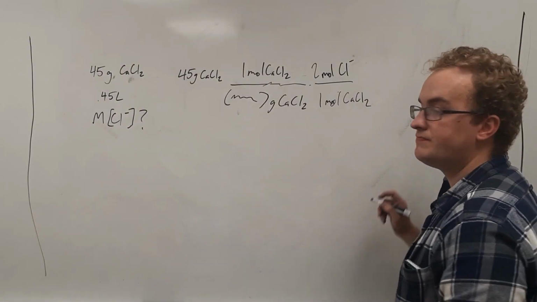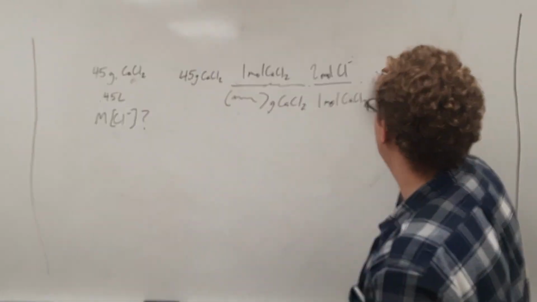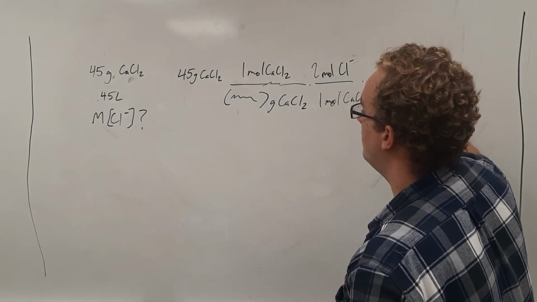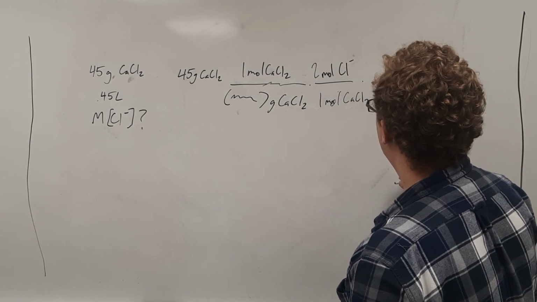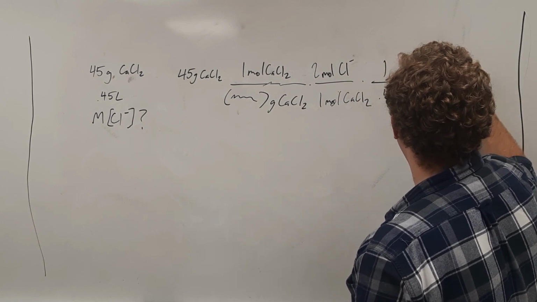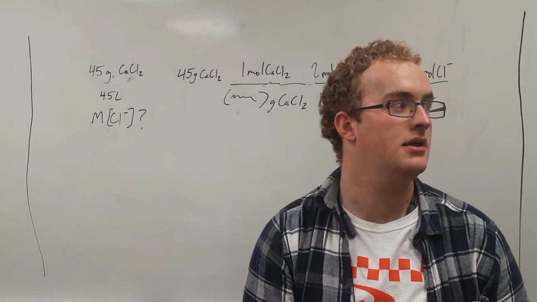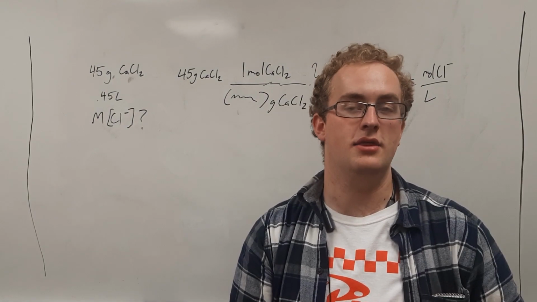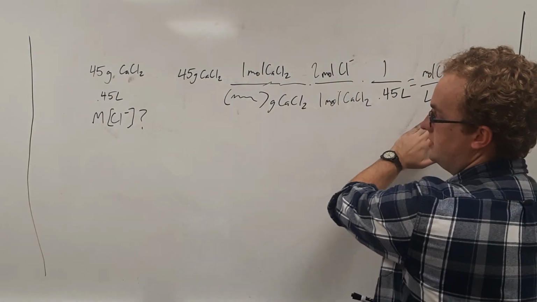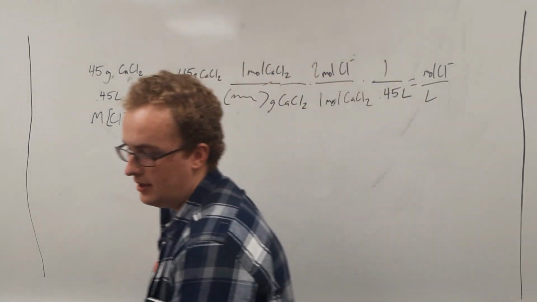And now I can divide this by our volume, times 1 over 0.45 liters. And now we have moles of Cl minus per liter. That's the molarity of Cl minus ions. So that is a way that we could find the concentration of just ions if we were given a molecule or a compound, right?